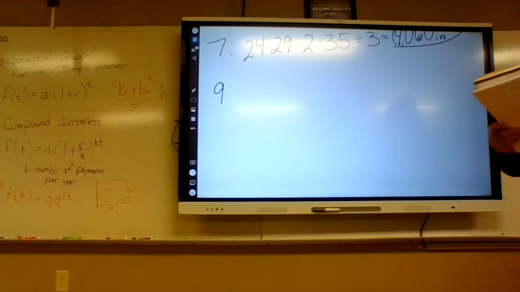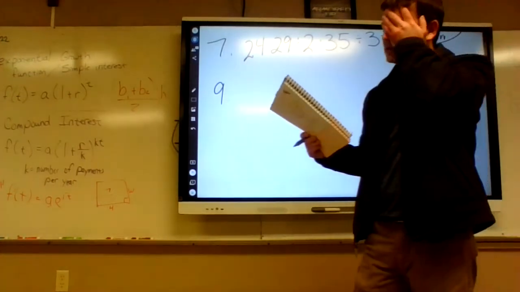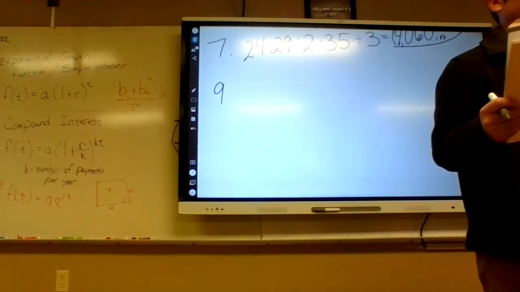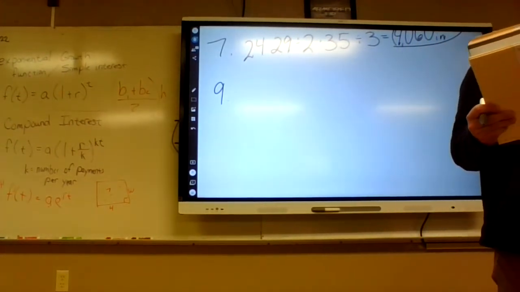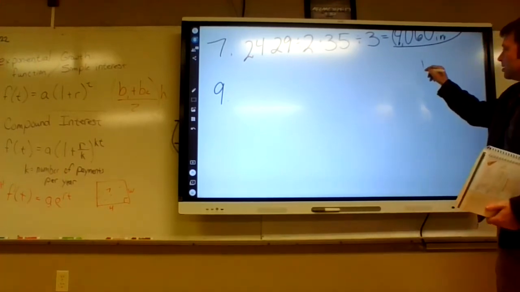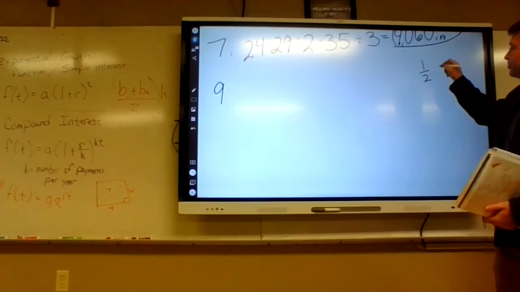So the problem says it's a regular octagonal base. So how do we find the area of a regular polygon? We did this. 1/2 apothem perimeter. Or apothem times perimeter divided by 2.